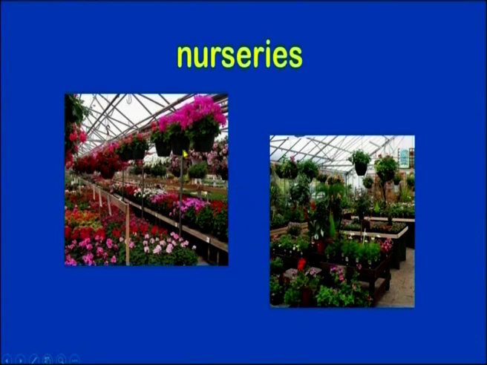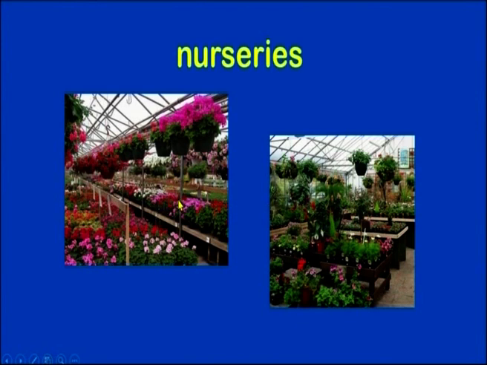Children, thousands of varieties of plants are grown in these nurseries, like these ornamental flower plants for decorative purpose, and then we have medicinal plants, fruit bearing saplings, vegetables, and wood bearing saplings also you may find, like teak, sal, kanuga, such type of trees, bamboo, they are also found in the nurseries. So these nurseries are very, very important and essential, children.